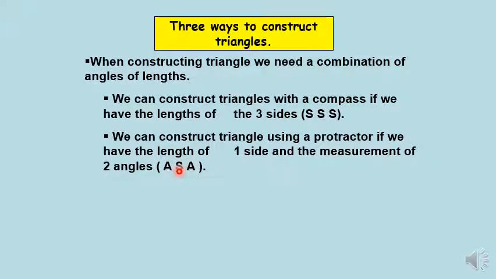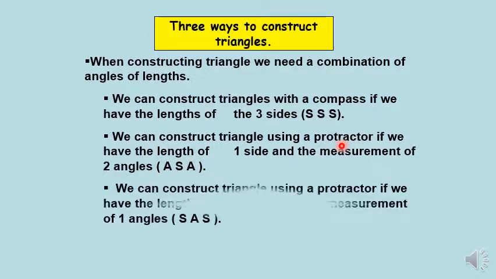We draw it using a protractor and a ruler. In the third case, which is side, angle, side, two sides and an included angle, to draw it, we need a protractor and a ruler.